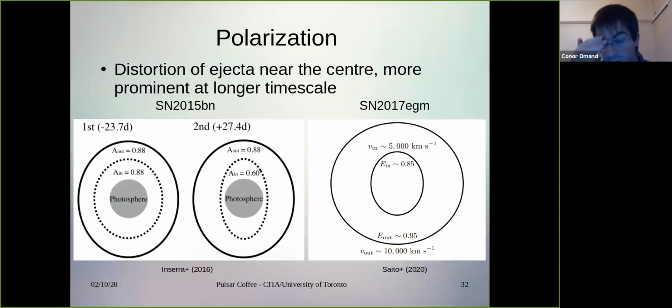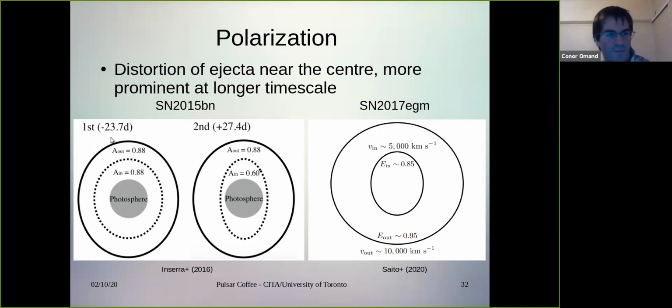And the other thing was the polarization study. So with polarization, you can probe the shape of the ejecta. And of course, if you have a central engine that's emitting non-spherically, it can distort the ejecta, and then we can start to see some of this distortion in polarization signals. And so supernova 2015bn, again, very popular supernova for observers.